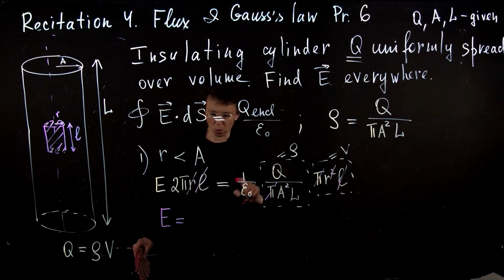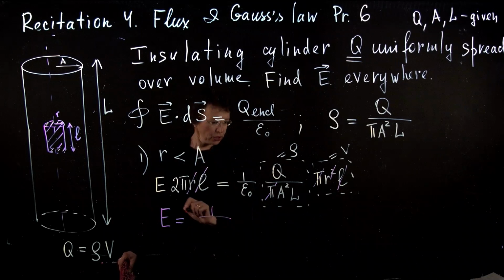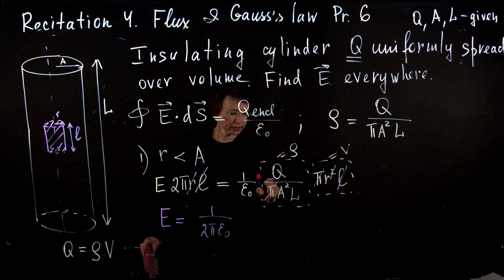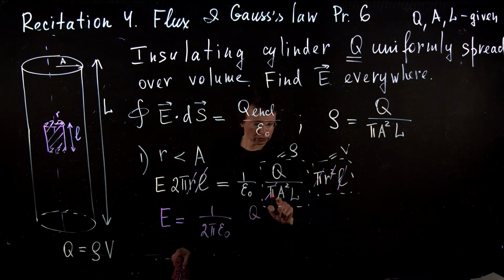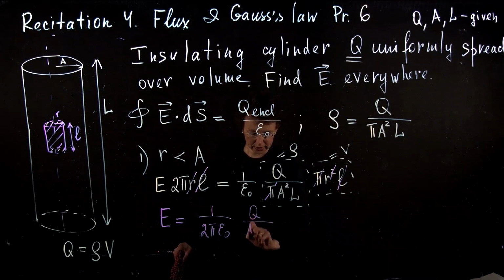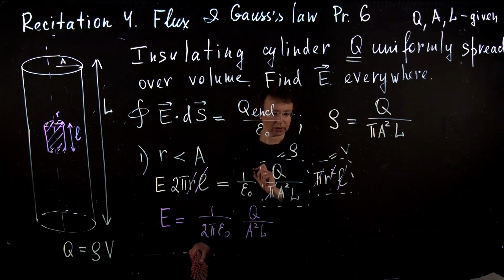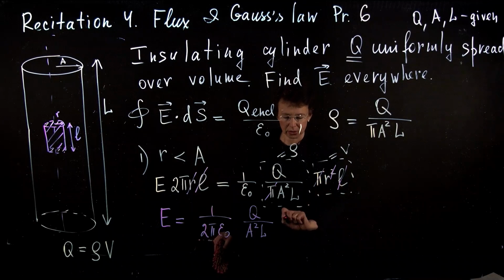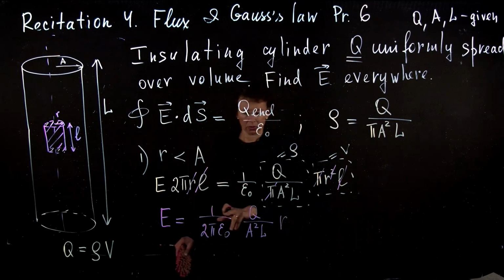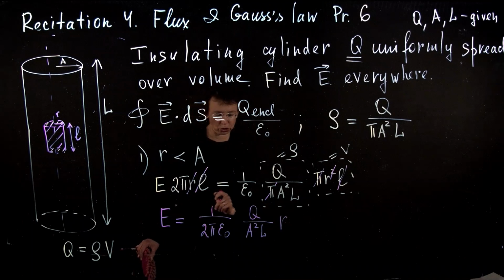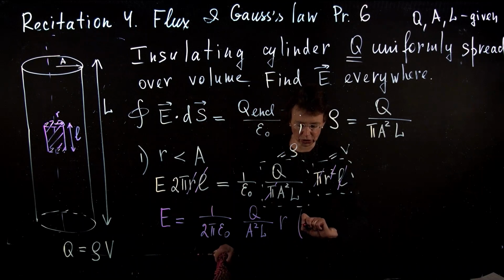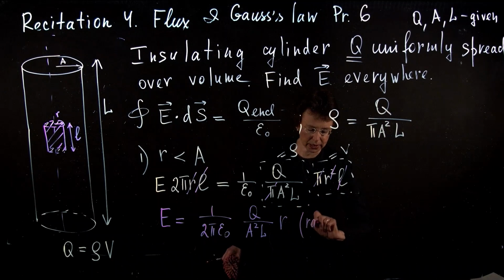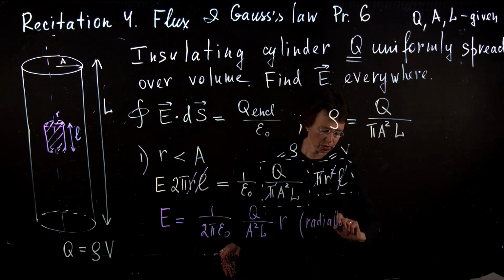So I have 1 over 2 pi epsilon naught, then Q divided by A squared L, and I still have r here. So the electric field is proportional to r, and the direction is radially out. Let's put in parentheses: radially out.